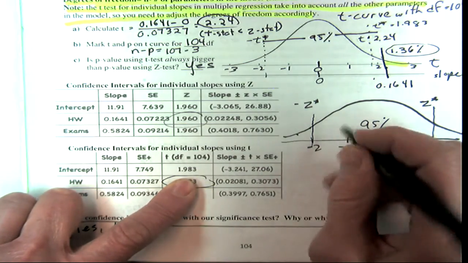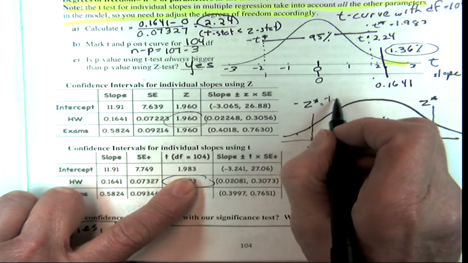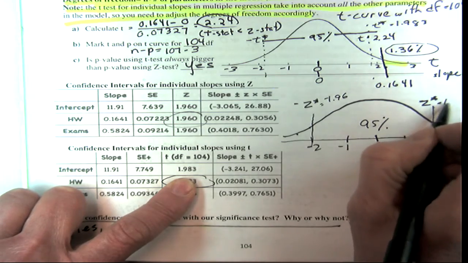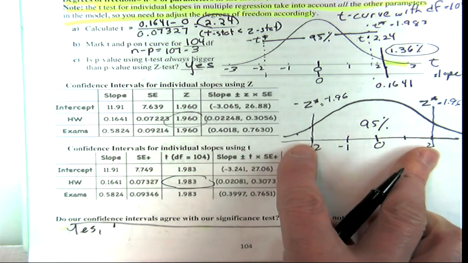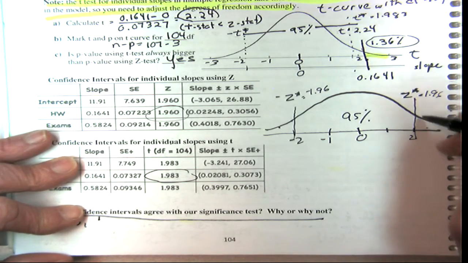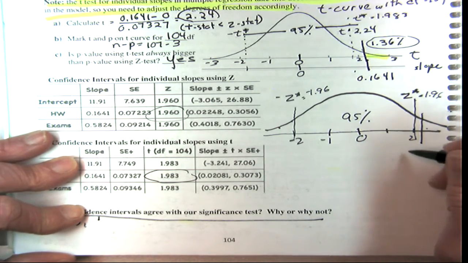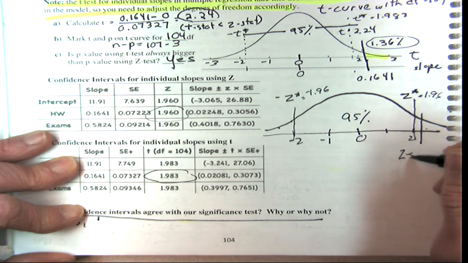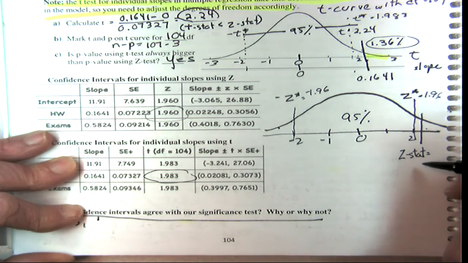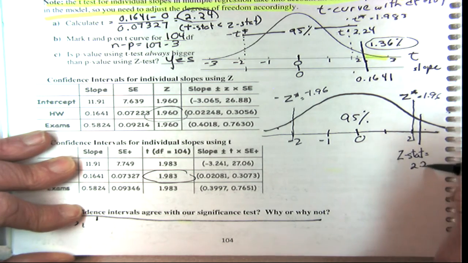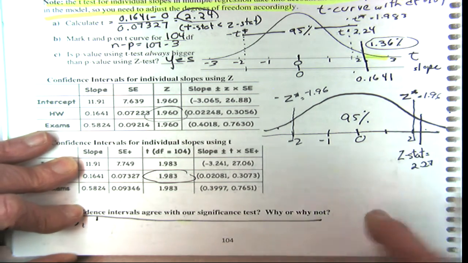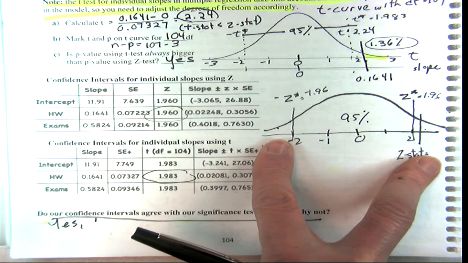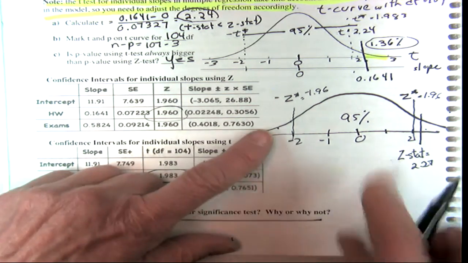That's equal to negative 1.96, and this is equal to positive 1.96, and that's 95%. And our z-stat was bigger than that. Our z-stat was equal to 2.27. It was bigger, so we rejected the null at 5%.